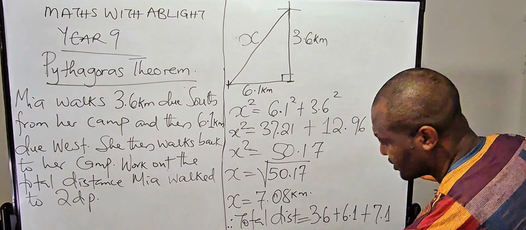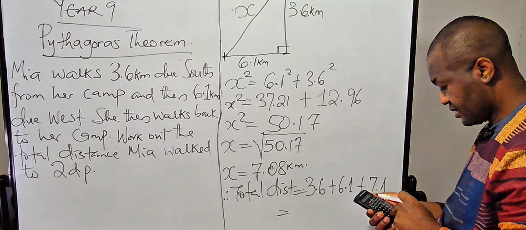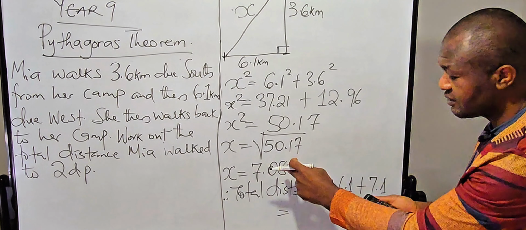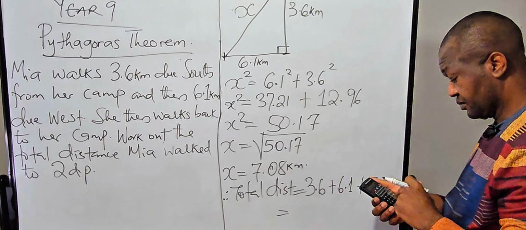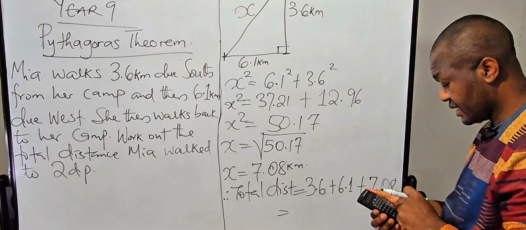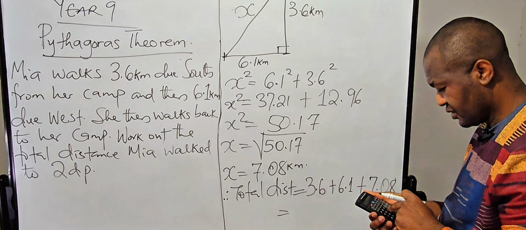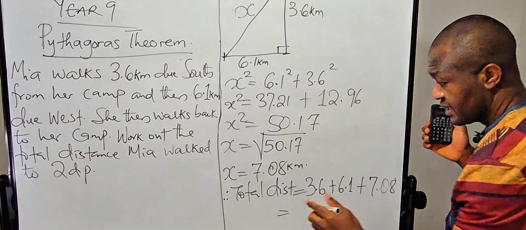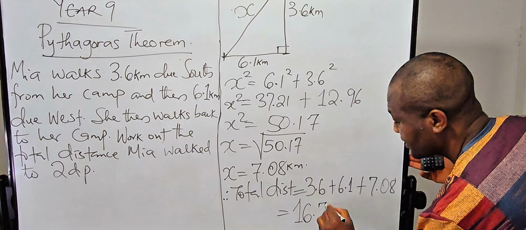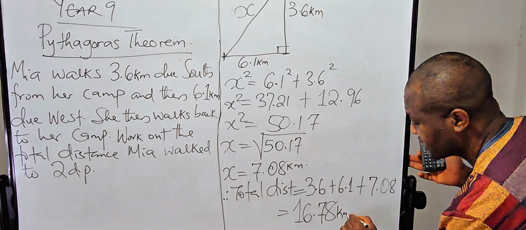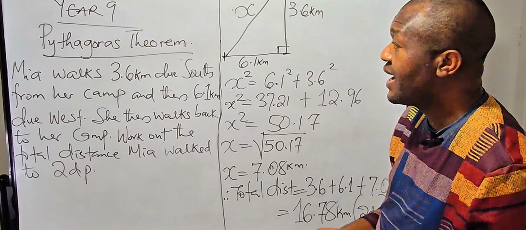When you add up all these, the total distance will be, let's leave it at 7.08 so that we'll have it in 2 decimal places. 7.08 added to 6.1 added to 3.6. So the total distance will be 16.78 kilometers to 2 decimal places. And that is your answer.